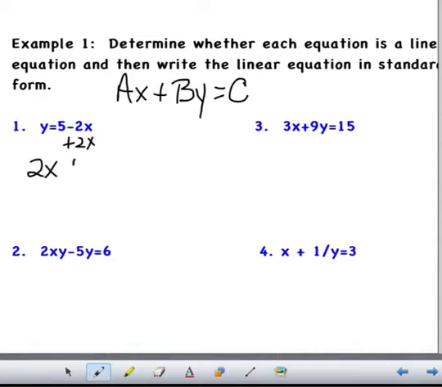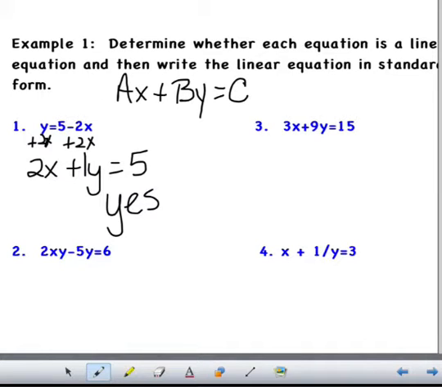So that's 2x plus y is equal to 5. Is that in standard form? Yes, it is, because that's just like a 1 there, isn't it? I don't have to put that 1 there. But in this case, my a is 2, my b is 1, and my c is 5. So 2x plus y is equal to 5 is in standard form.